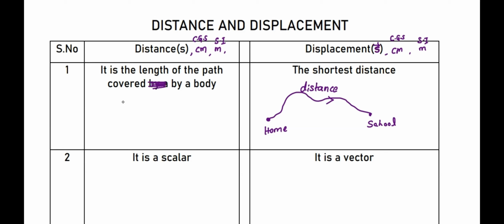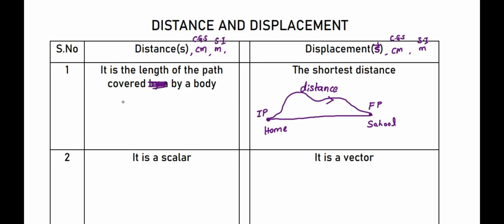But the shortest path: home is nothing but the initial position and your school is, suppose, the final position. The shortest path between initial position and final position is possible only if we draw a straight line between them.